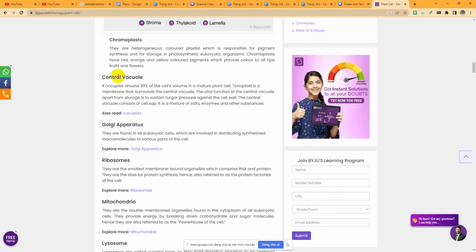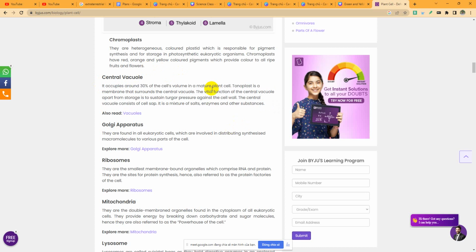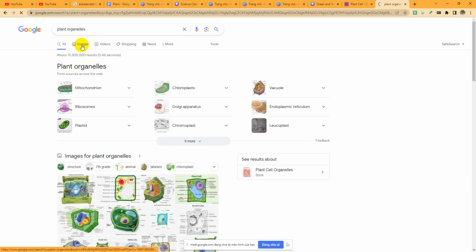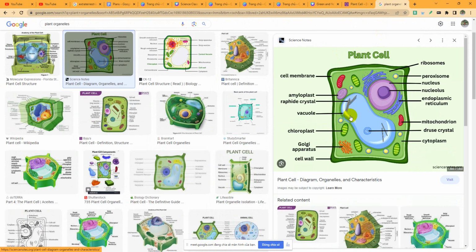But anyway, I'm talking about this central vacuole. Here's the explanation of the central vacuole. I'm just going to read it out loud for you guys. It occupies around 30% of the cell's volume in a mature plant cell. Let me show you the picture of the vacuole again in case you cannot recall it. You see the jelly-like biggest proportion of the plant cell, the blue one, this is the vacuole.